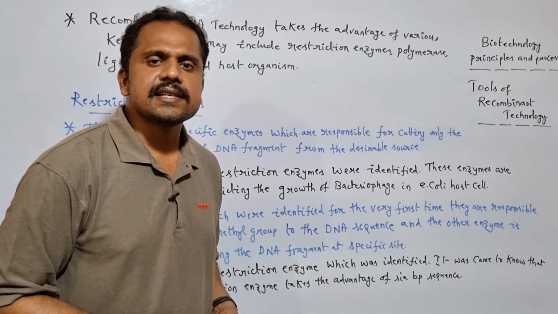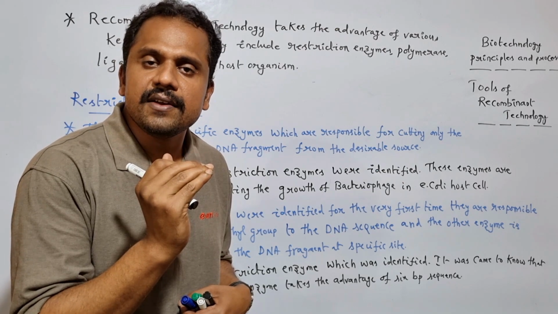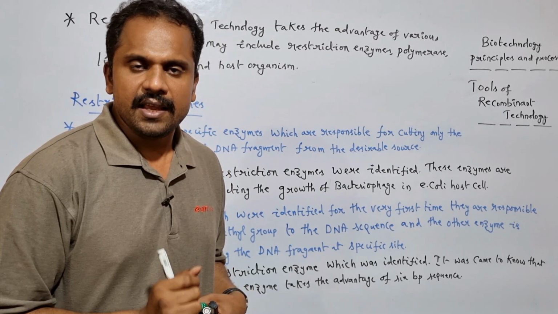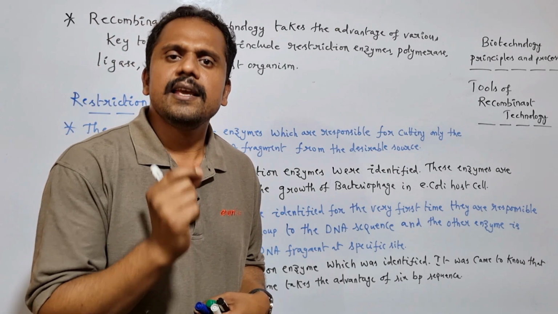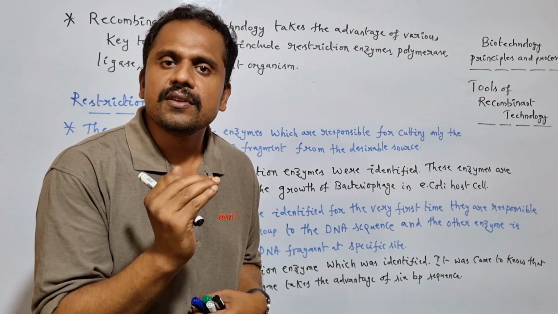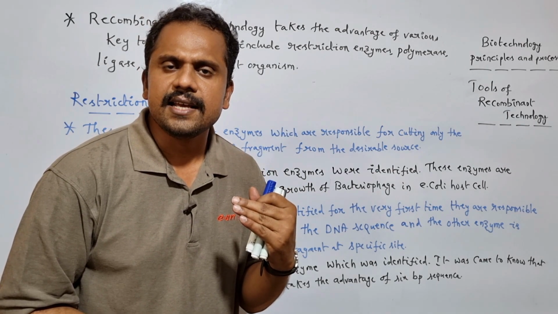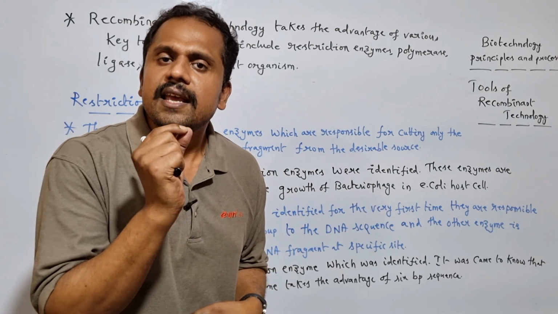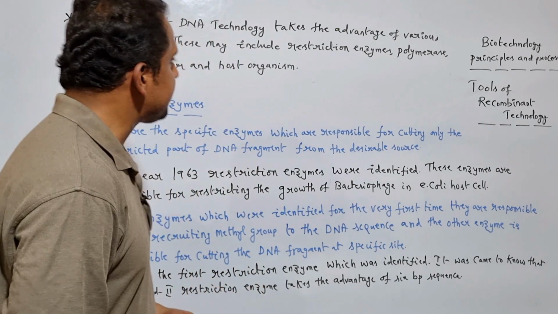After the successful discovery of the HindII restriction enzyme, many other restriction enzymes were successfully identified. It came to be known that till today nearly 900 restriction enzymes were identified or isolated from more than 230 bacterial strains.